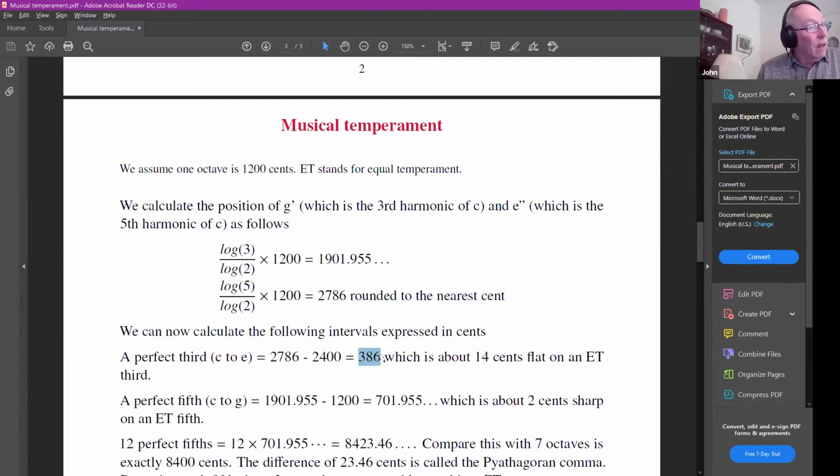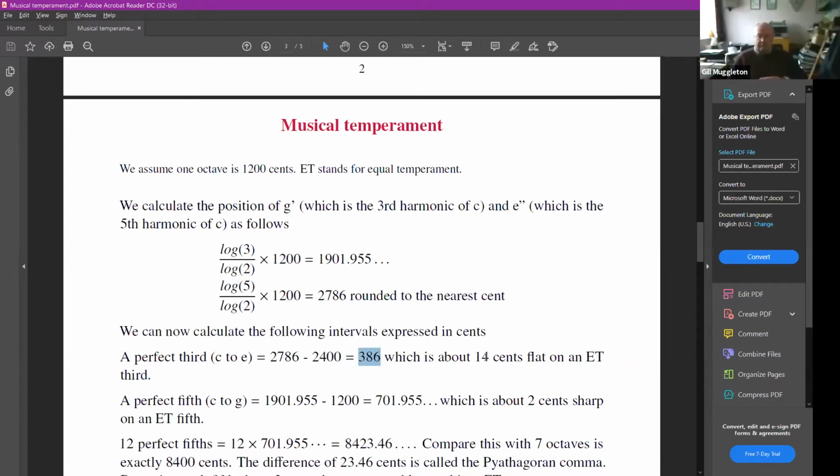Yeah, right. Now, on equal temperament, it would be 400 cents because it's 4 semitones above the fundamental, and each semitone is worth 100 cents. All right?